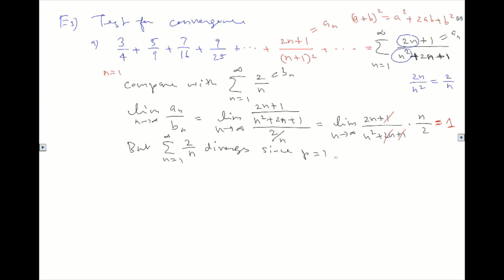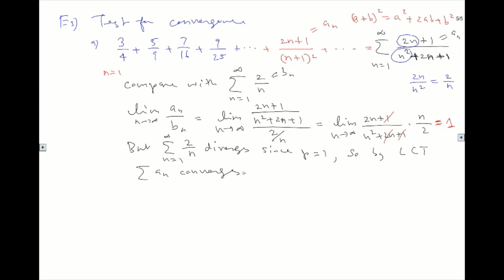We can still ignore any constant, positive, negative, anything. So by the limit comparison test, sigma an converges. You can see it's a very simple argument. Just imagine if you wanted to use a direct comparison for this problem.